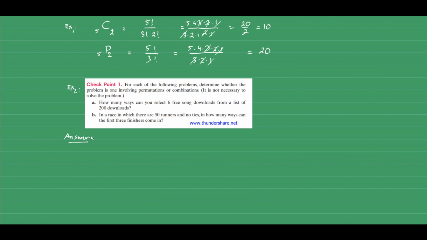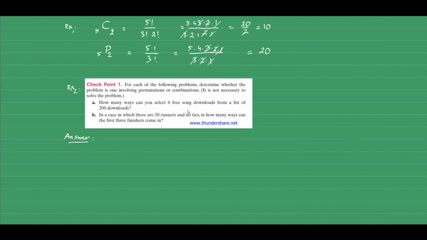We do want to determine whether this is a permutation or combination. First of all, we're dealing with combinations right now, so of course the problem will be a combination. But you see that when you read the problem, they didn't say anything about order or arrangement. So this one will definitely be a combination.